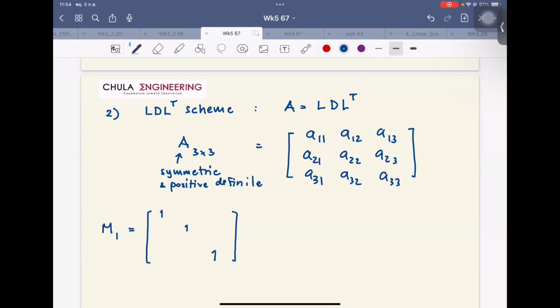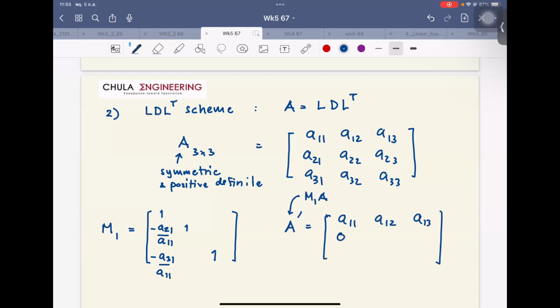At this position, it's going to be negative A21 divided by the pivot, minus A21 over A11. And in the third row, first column, it's going to be minus A31 divided by A11. And matrix A will be changed if I multiply M1 to A. That will be A11, A12.